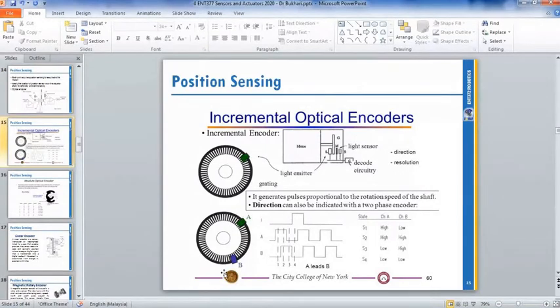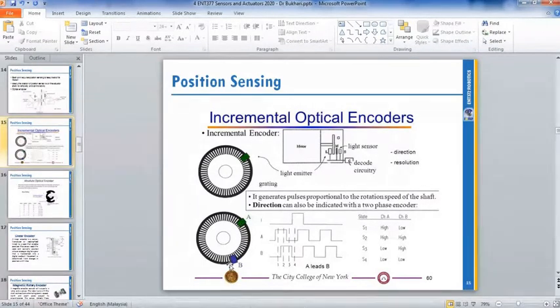If you have two sensors, you can measure direction. It generates pulses proportional to the rotation speed of the shaft, and direction can also be indicated with a two-phase encoder. So if you have two sensors, you can measure direction.